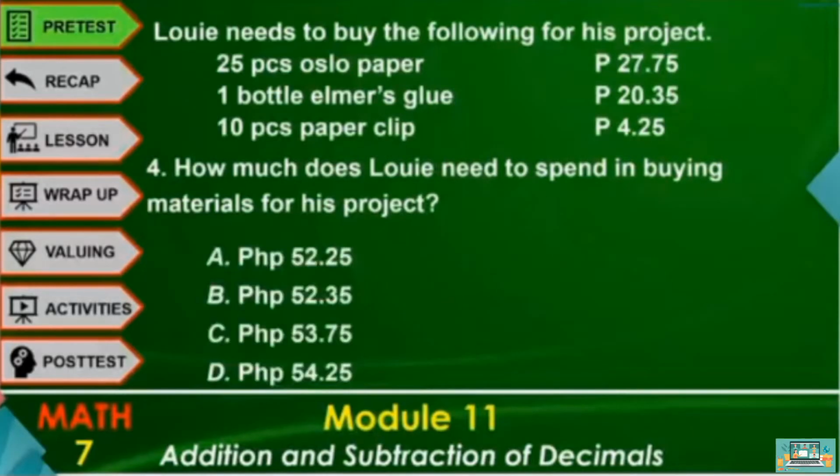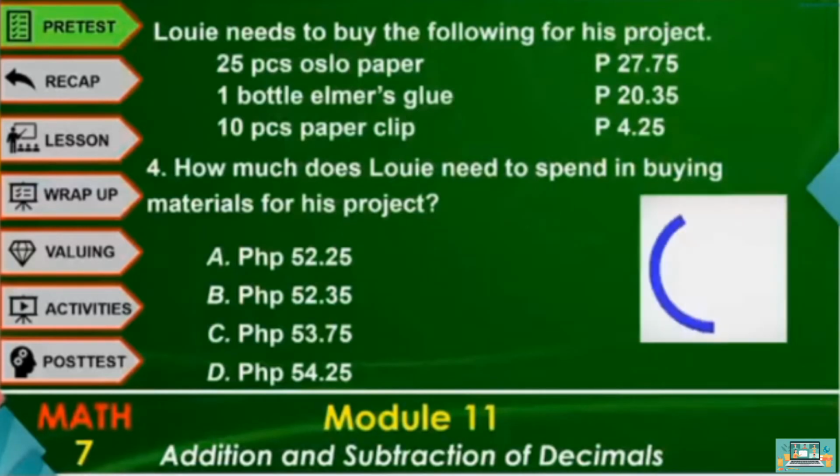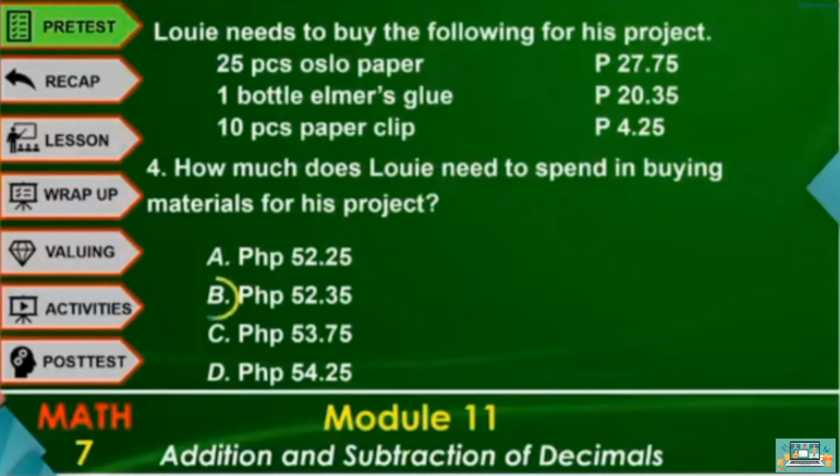A. 52 and 25 centavos. B. 52 pesos and 35 centavos. C. 53 pesos and 75 centavos. Or D. 54 pesos and 25 centavos. The answer is B. 52 pesos and 35 centavos.